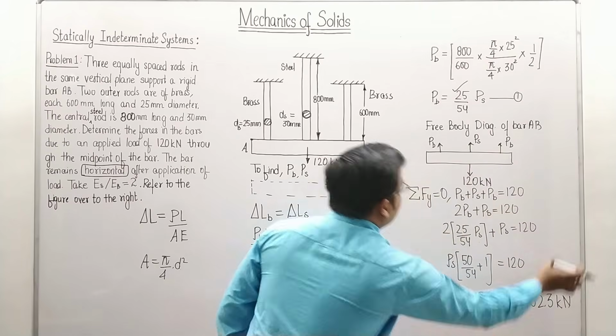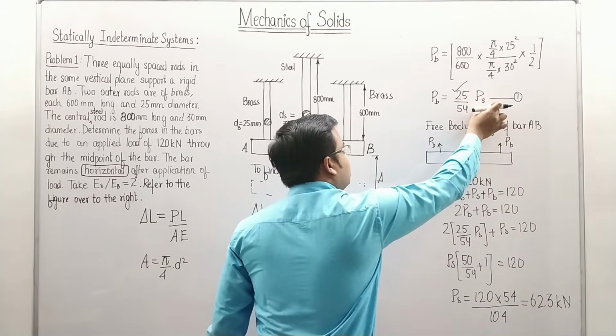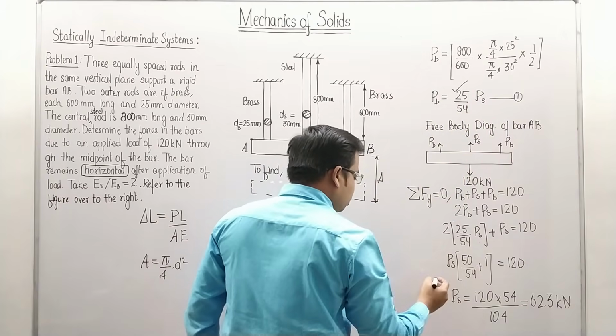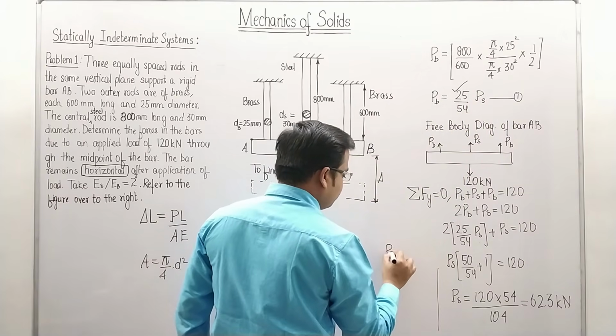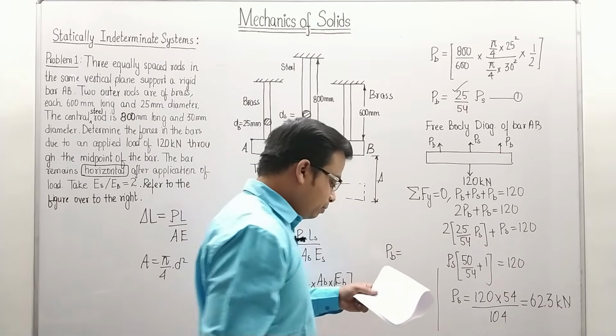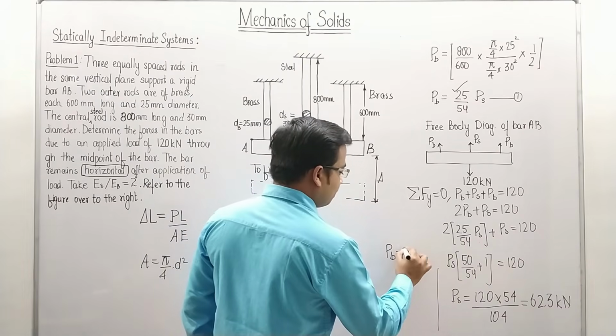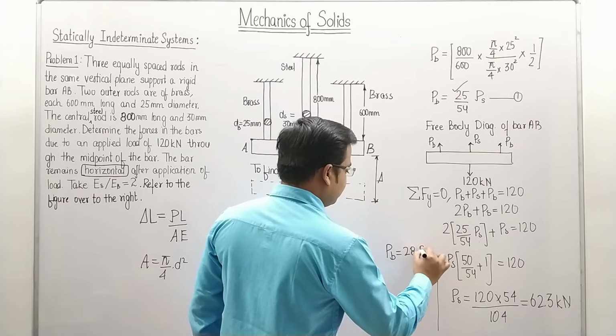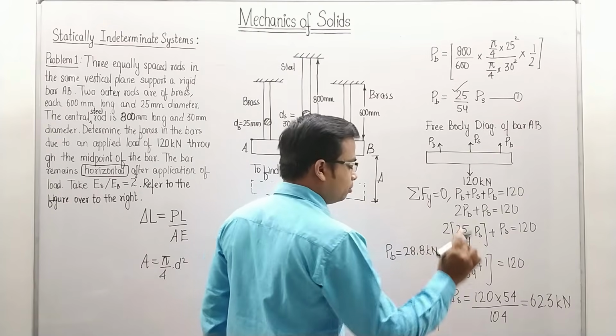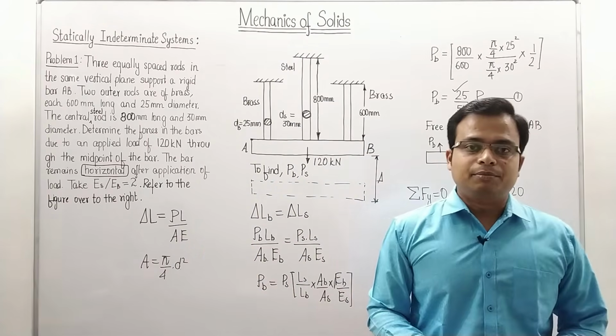And when you punch this value over here, multiplied with 25 over 54, you are going to get the corresponding value for PB, which is going to be equal to 28.8 kilonewtons. It's that simple.